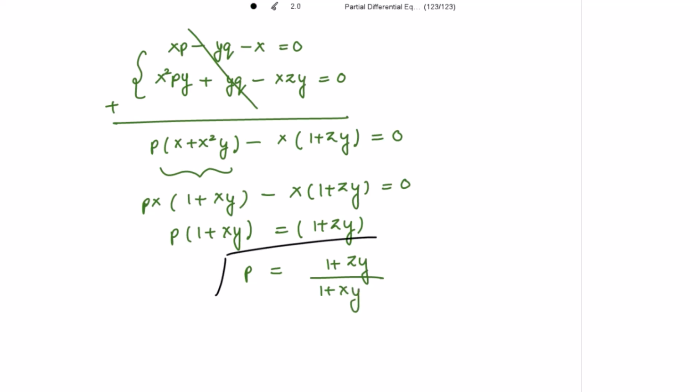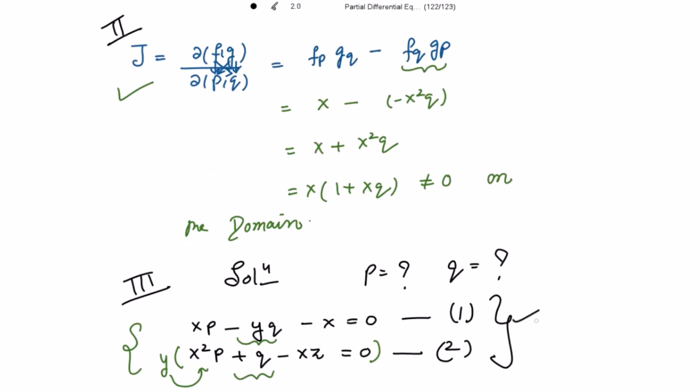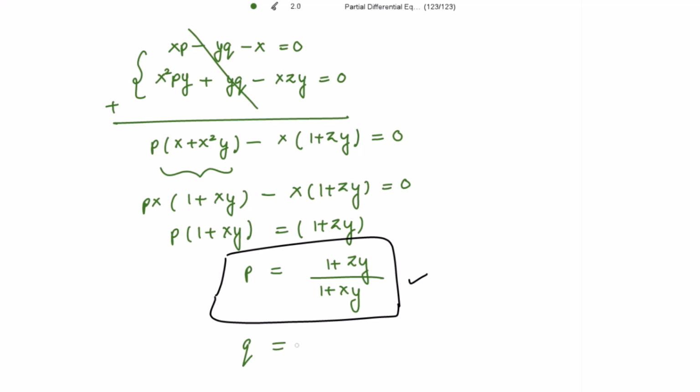Now we are going to get the value of q. Just put the value of p in any of these two equations. Let me put it in the first equation, so that q is x into z minus x divided by 1 plus xy. Please solve this on your own. So we have got the value of q also.